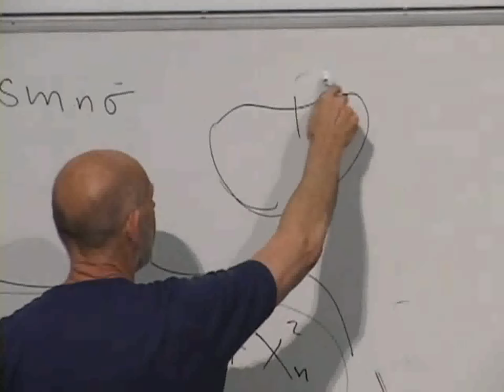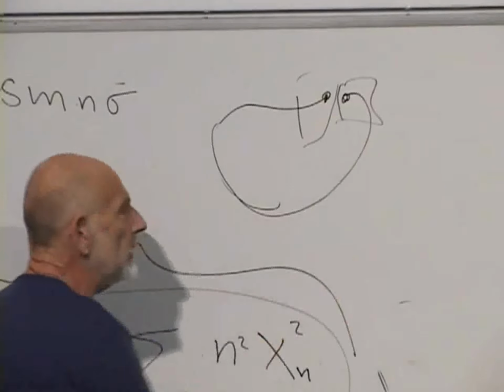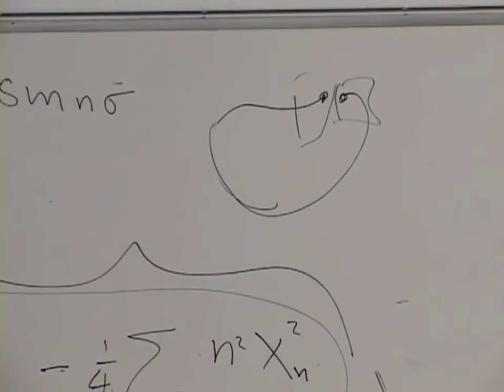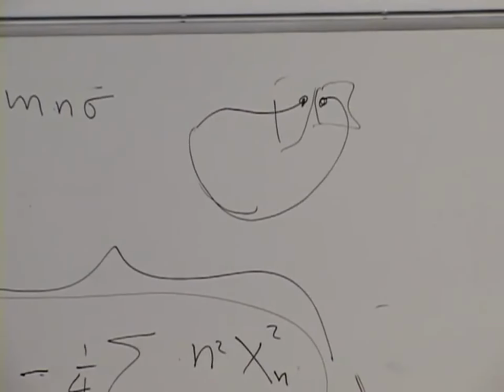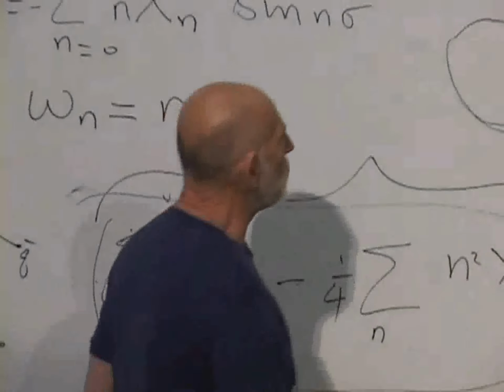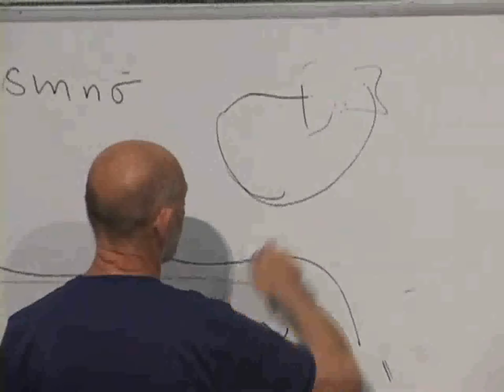This end of the string sees another end of the string over here. It doesn't know it's part of the same string. All it knows is it's found another end to annihilate with. So once you introduce string interactions, you are committed to something new. You're committed to closed strings.